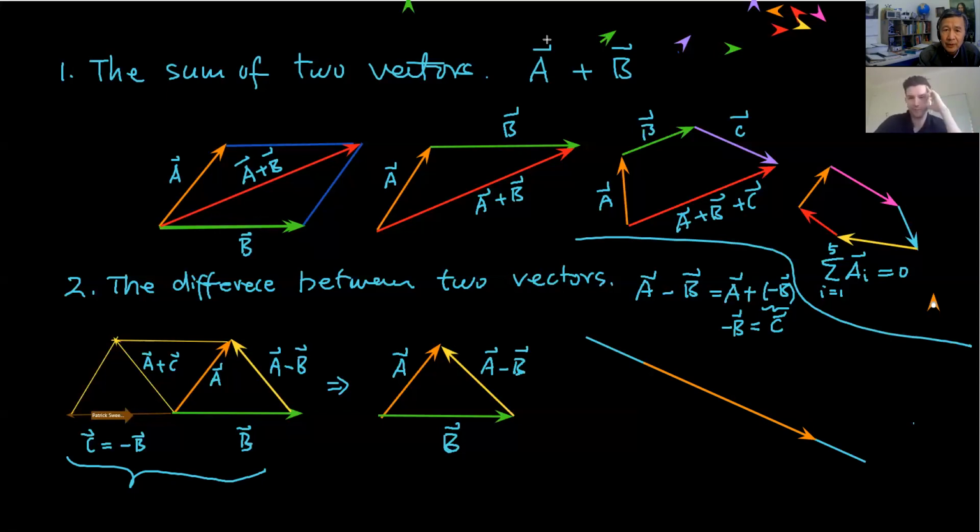So in other words, if we just put the number here, this straight line can be fully determined by one vector. In this case, can we call this A, or B? Any vector.